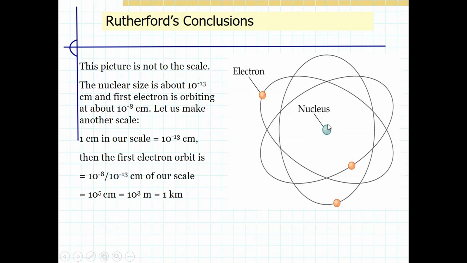So if the nucleus is the size of 1 centimeter, then the first electron, which is orbiting around it, is 1 kilometer away from it. So it's like a horse in a racecourse ground, which is bound to a nucleus, and it is revolving around the nucleus in a 1 kilometer radius circle.